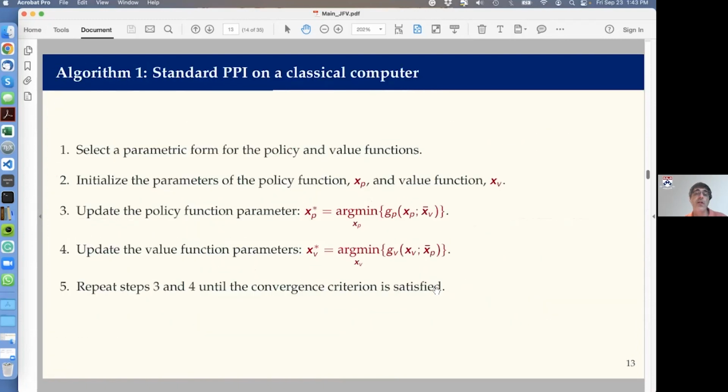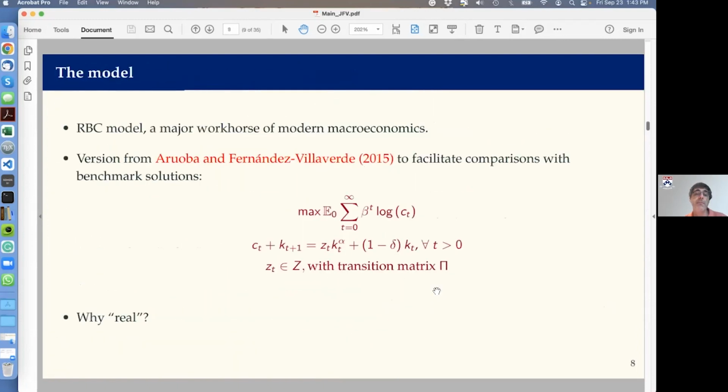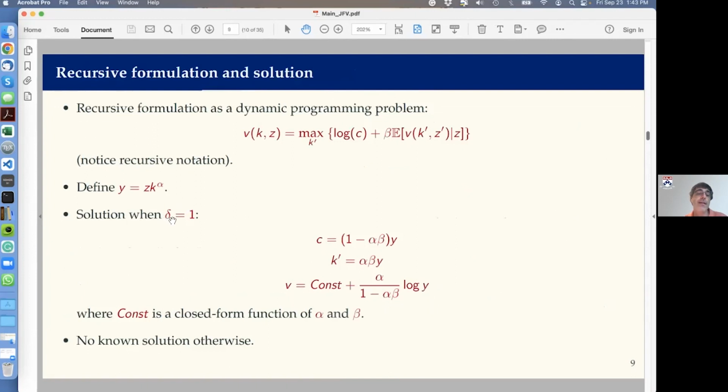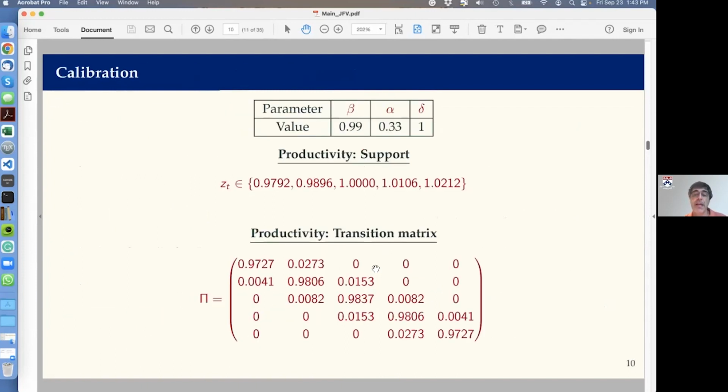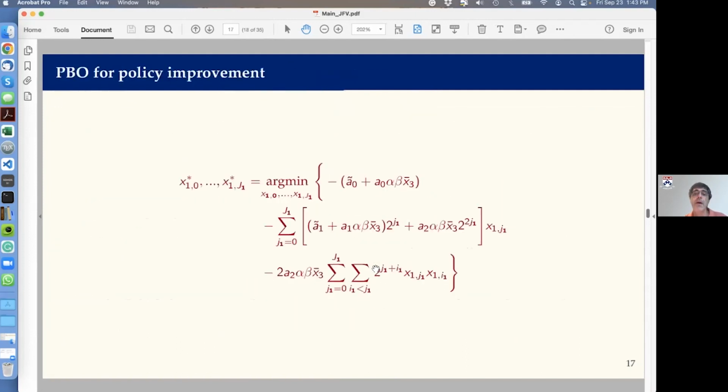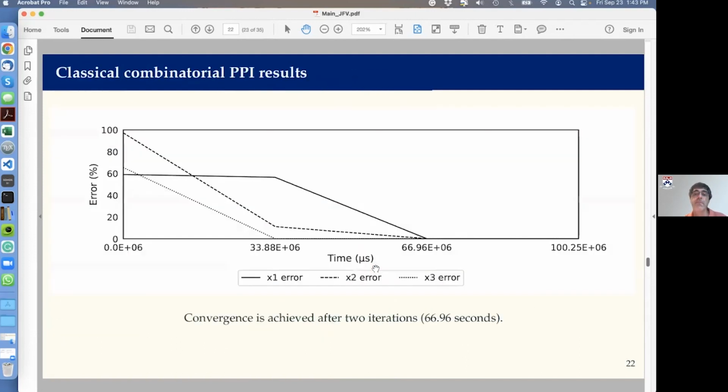Because recall that I'm solving this problem, and when delta is equal to 1, I actually know that x1 is, for instance, alpha beta. So I just compare whatever comes from the combinatorial problem against the solution of the computer.